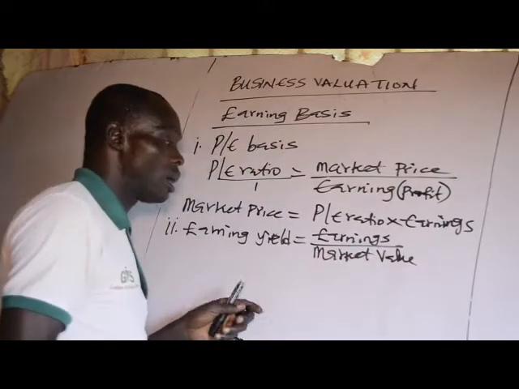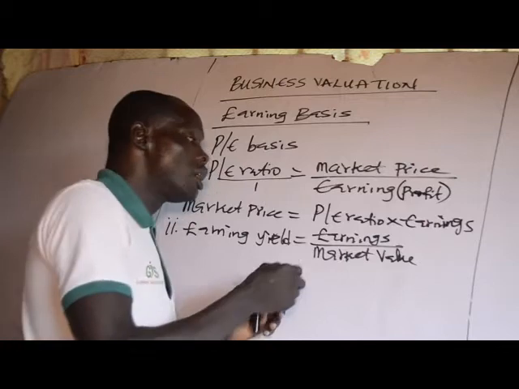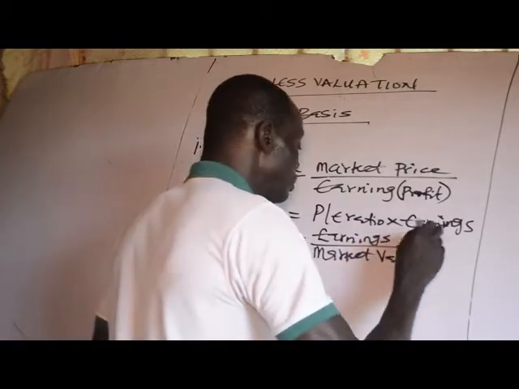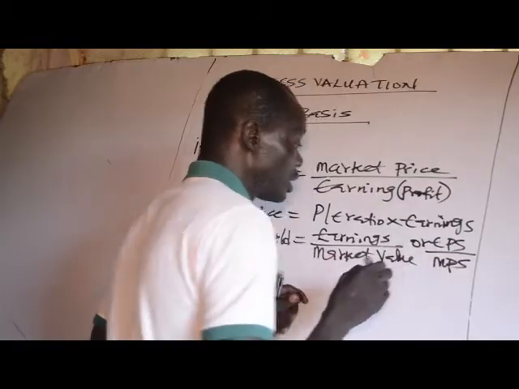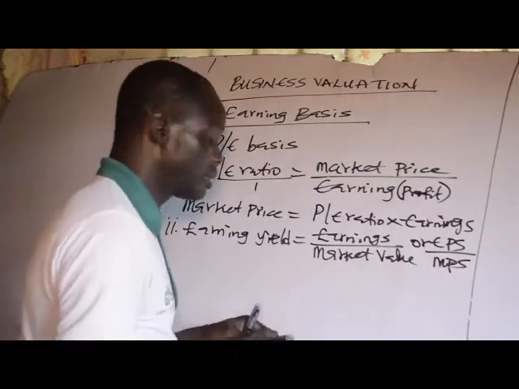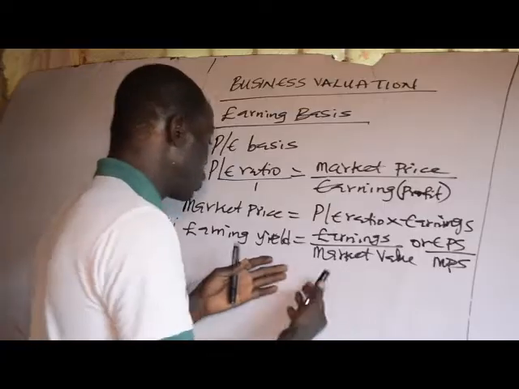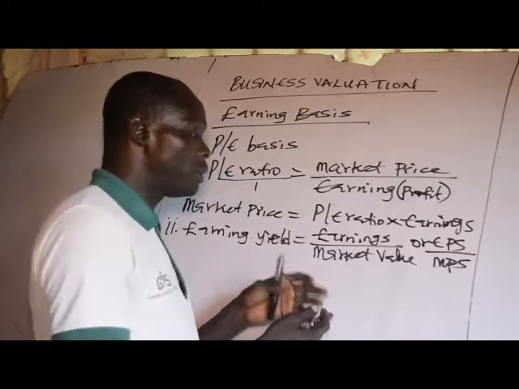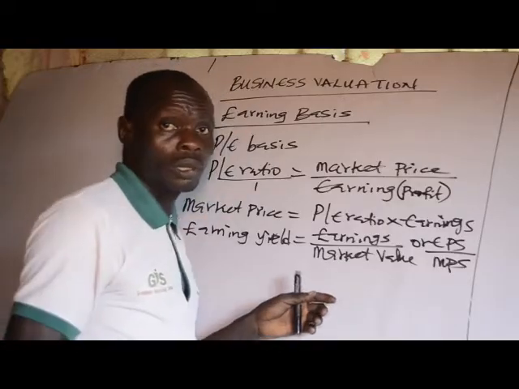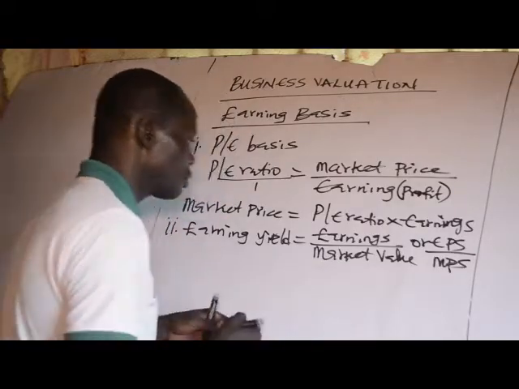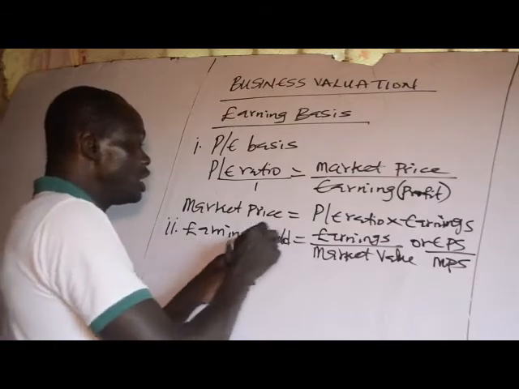Or it is the same as earning per share over market price per share in our ratio analysis. For better understanding, you can as well watch my earlier presentation on ratio analysis, interpretations of financial statements.